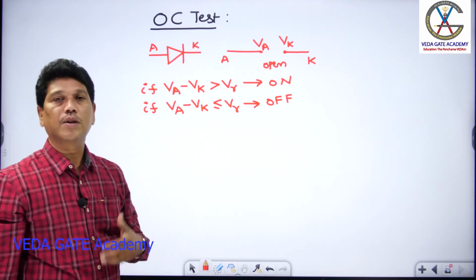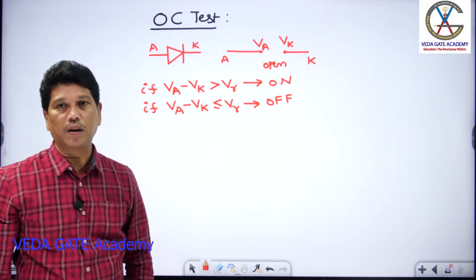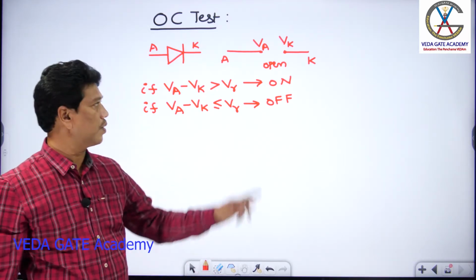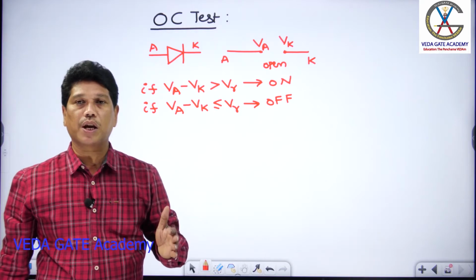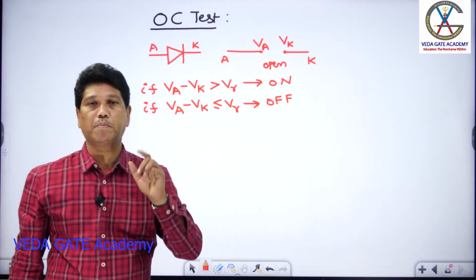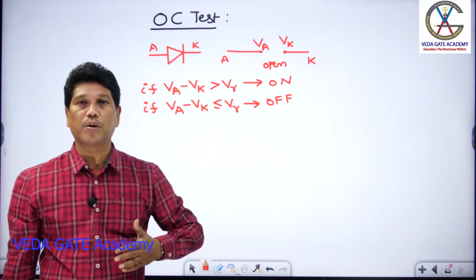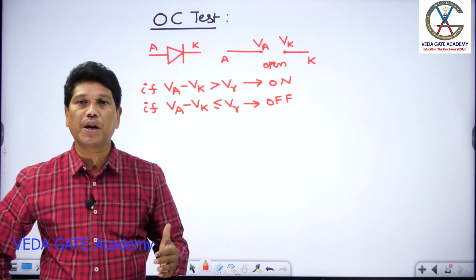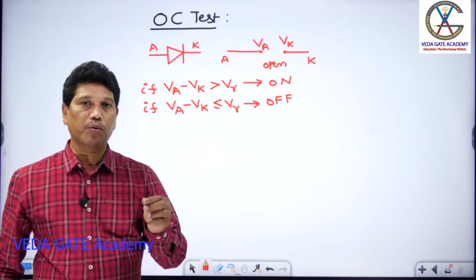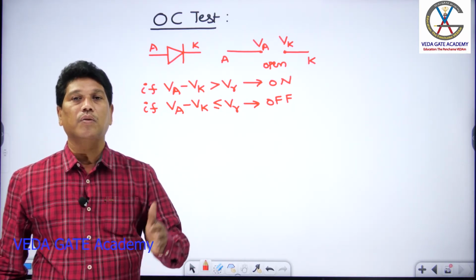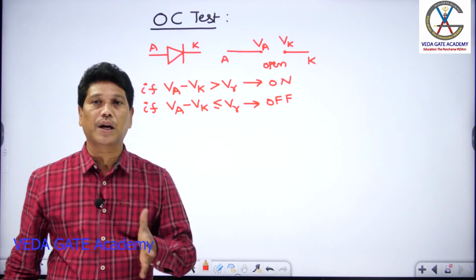Consider these conditions. Suppose a number of diodes are connected in parallel and have the same cut-in voltage VR. Then the diode which has more VAK, that is more anode to cathode potential, conducts first.